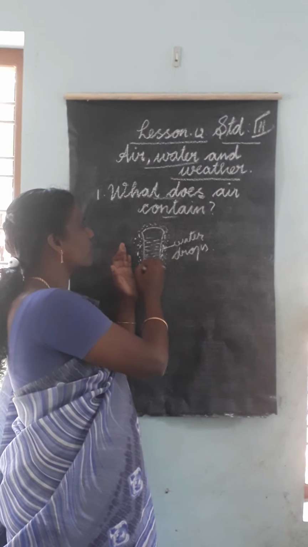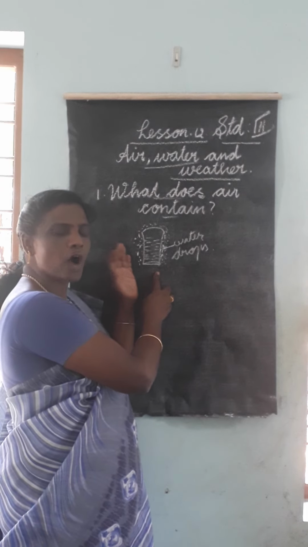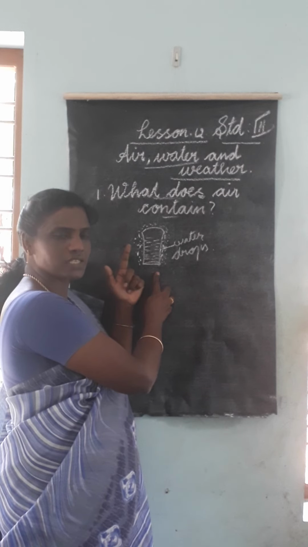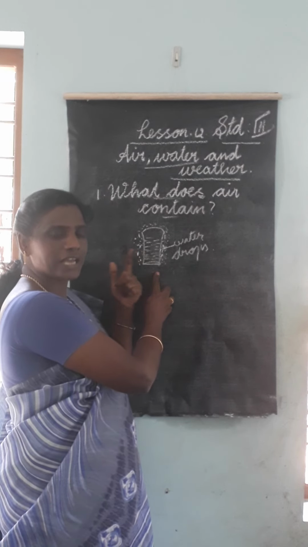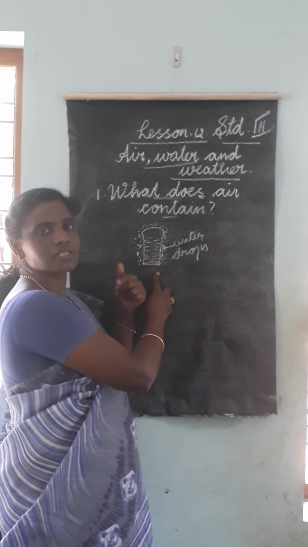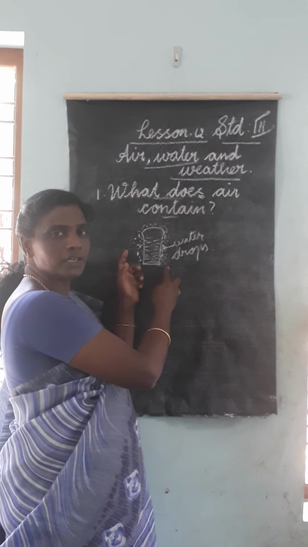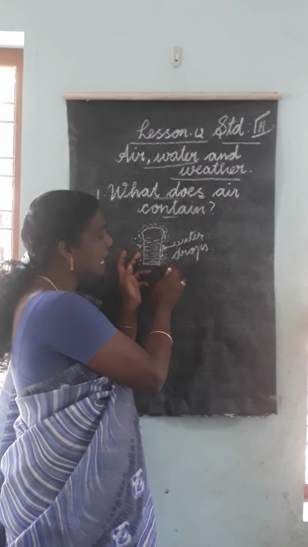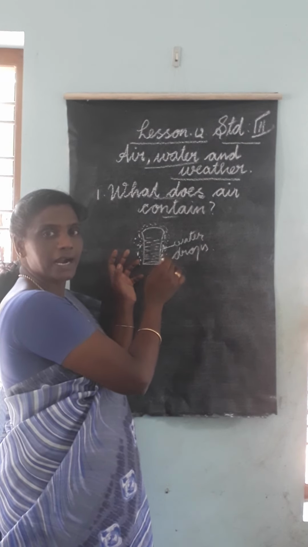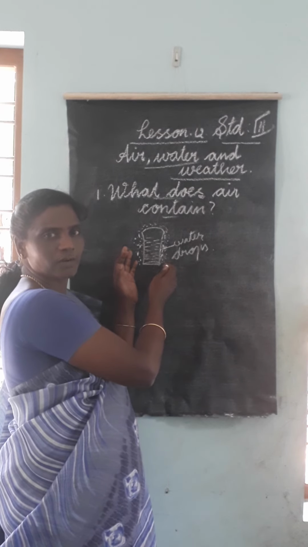Now you are asking the question, where do these water drops come from? You ask the question, you can get the answer. This water didn't leak through the glass, but it came from the air.